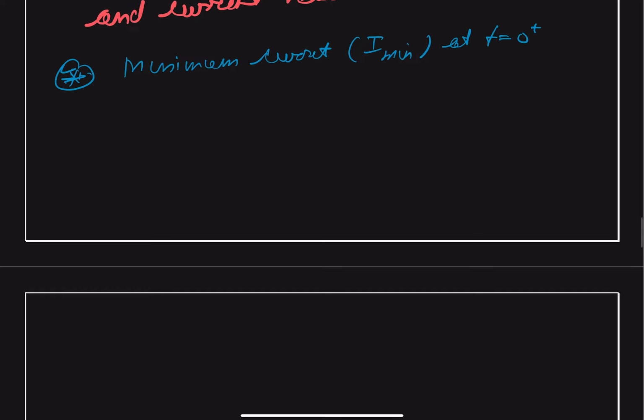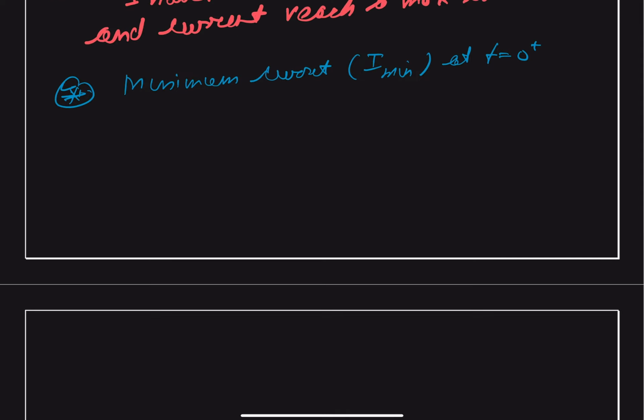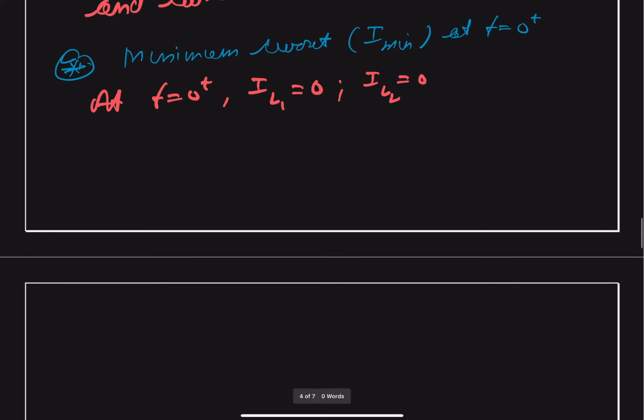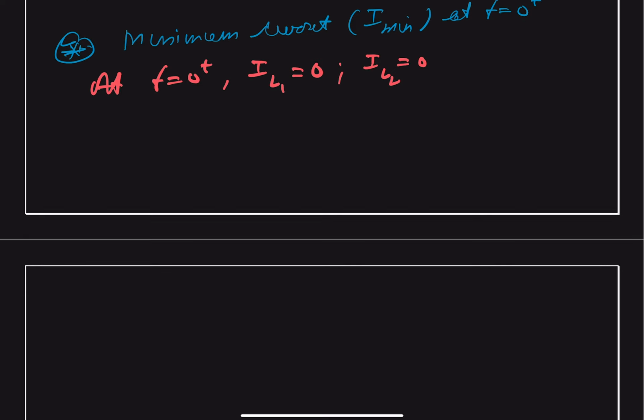Therefore, at t is equal to 0 positive, current through inductor L1 will be equal to 0. Current through inductor L2 will also be equal to 0 because they are open circuit. These two are currents through inductors.